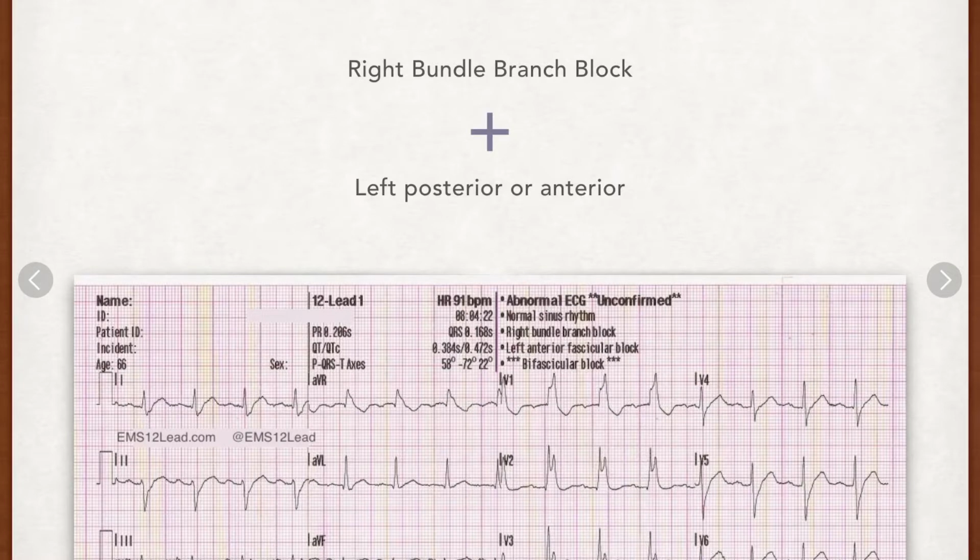So that makes me think that I have a little bit of left axis deviation. And I look for Q1 and S3, and again I have a little Q1 and I have a big S3, little q, little q, big S3. So I have a left anterior fascicular block or left hemiblock. So this is the bifascicular block.